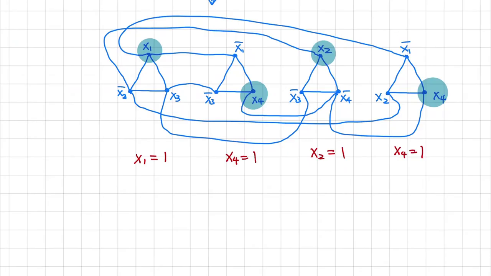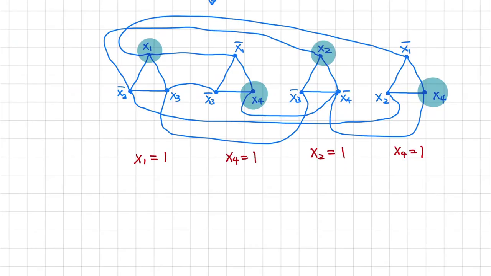Now, it's okay to select the same variable multiple times, right? Because you just set it to the same value. So that should explain why we connect each variable with its complement, because we don't want to select a variable with its negation at the same time, because we cannot assign both to one.